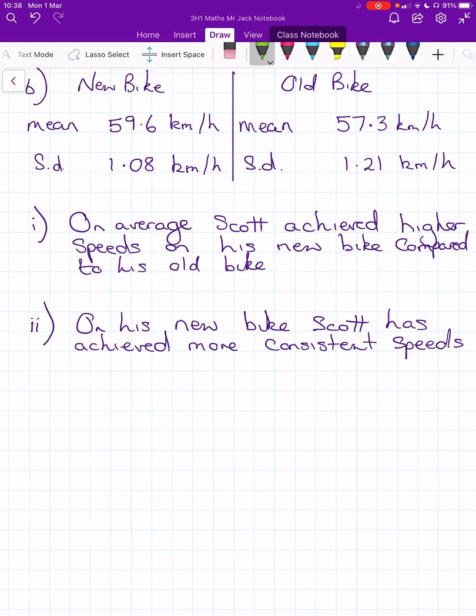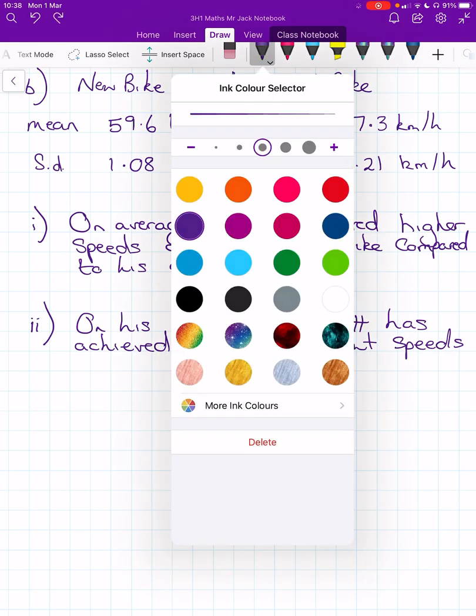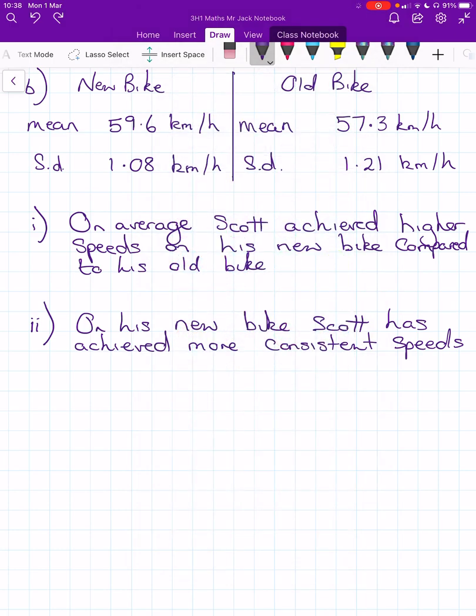Have a look here, we're comparing. I'm just going to add in actually more consistent speeds than he did on his old bike.